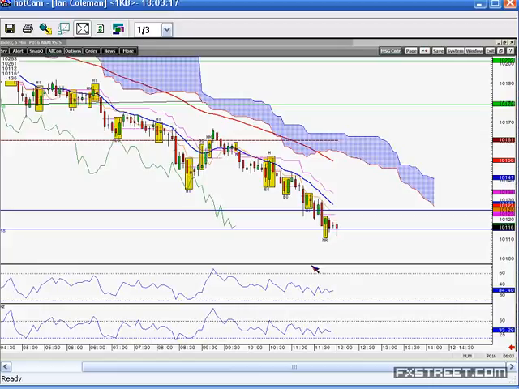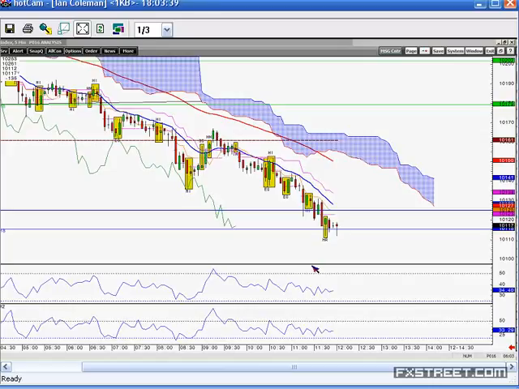On the main chart, it's obviously a basic candlestick chart. I've got Ichimoku cloud on there, which I only really look at in higher time frames, but in any time frame, it's a good visual indicator of where support and resistance is going to be.